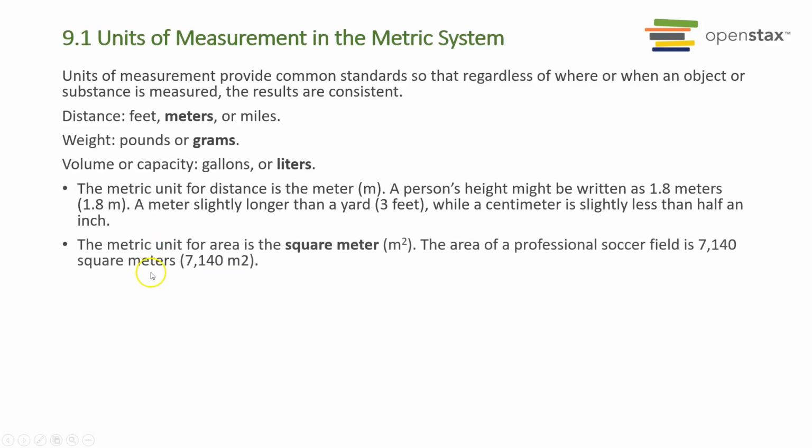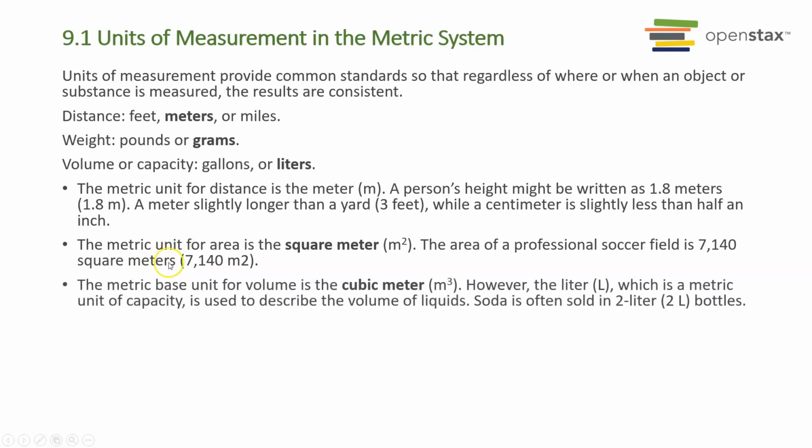The metric unit for area is the square meter, or m squared. The area of a professional soccer field is 7,140 square meters. The metric base unit for volume is the cubic meter, m cubed. However, the liter, which is a metric unit of capacity, is used to describe the volume of liquids.